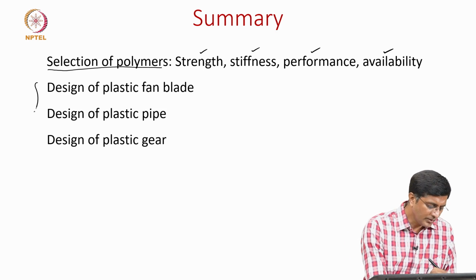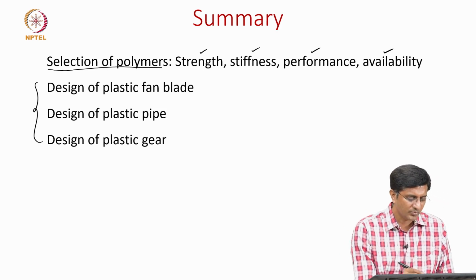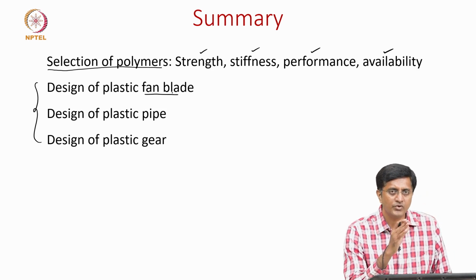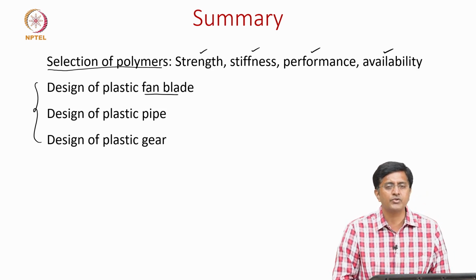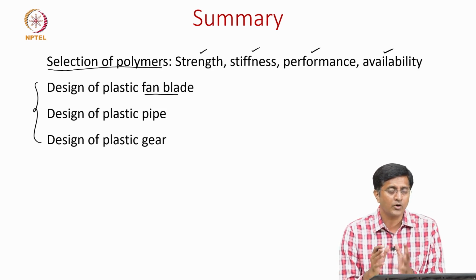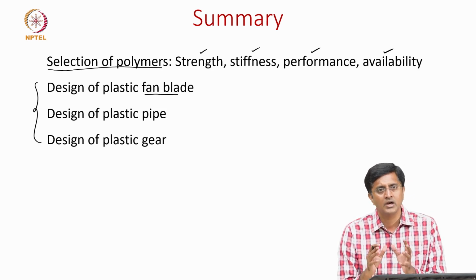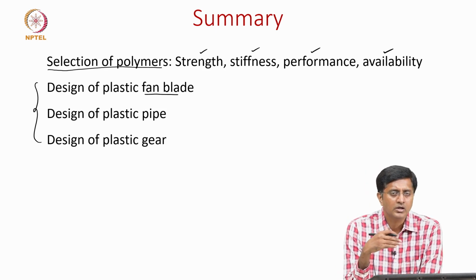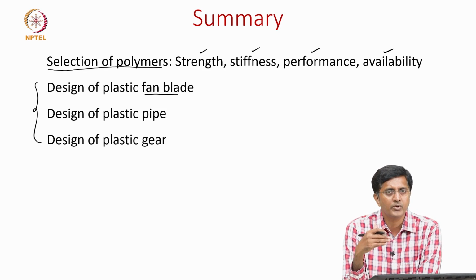We also looked into three different design examples, starting with a fan blade, where we said we first need to look at the centrifugal forces that will help us to find the creep strain. How do we find the creep strain? We said either we can do the viscoelastic analysis, or especially in industry, people rely on these isochronous stress strain curves.